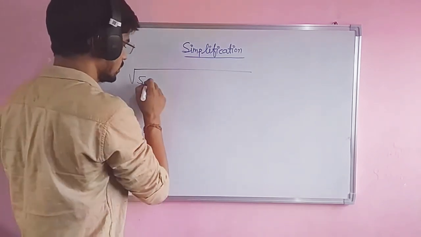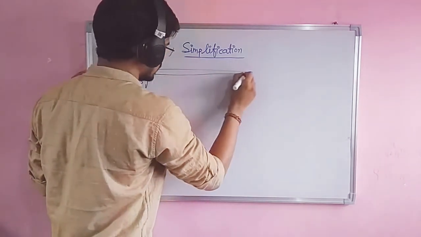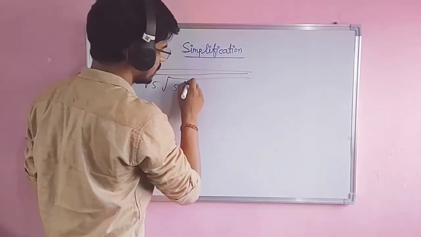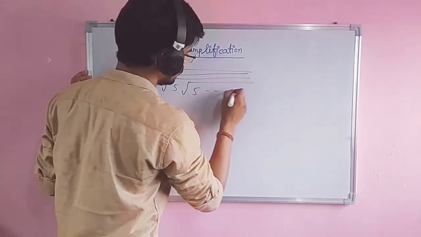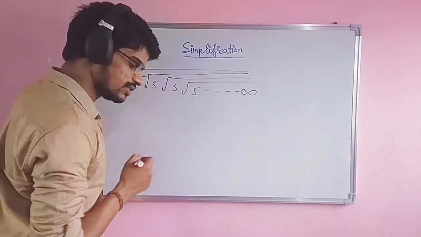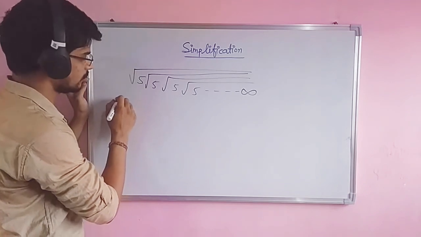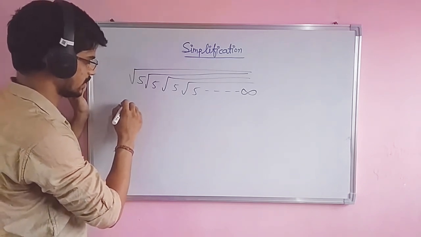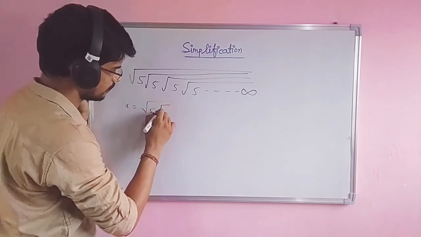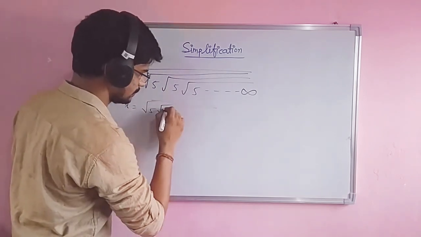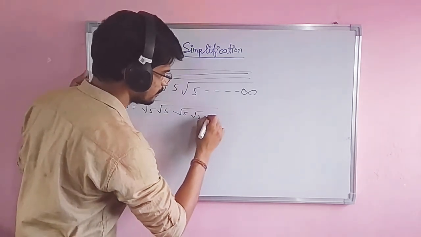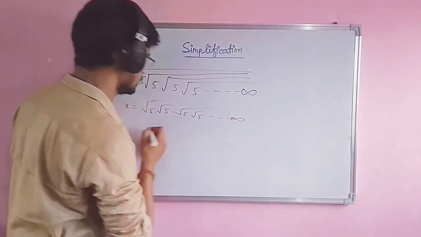Next, if we have under root 5 in multiplication up to infinite, that's how we can solve by the basic method. Take x is equal to under root 5 under root 5 up to n times.